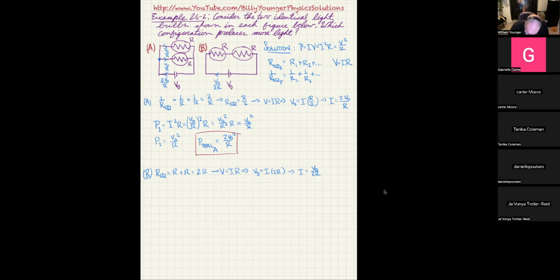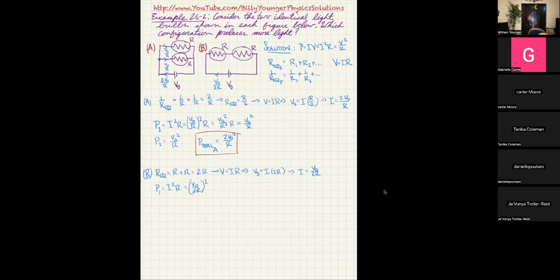So I'm going to use I squared R again, and I'll say P1 is equal to I squared R. So what we know is I is V0 over 2R.